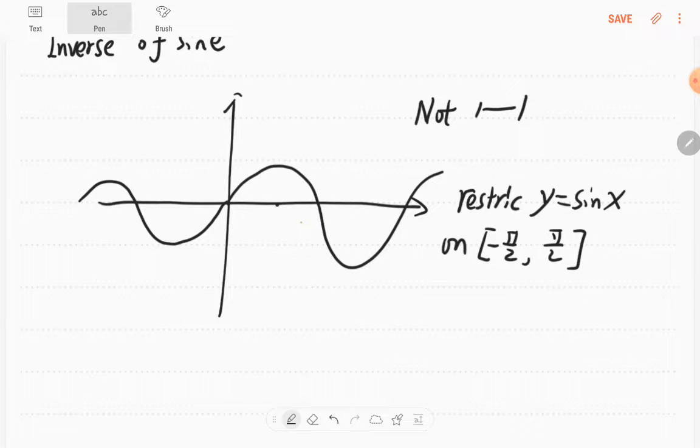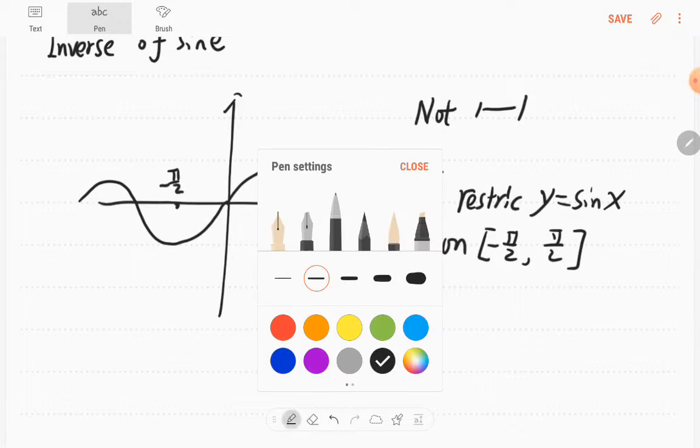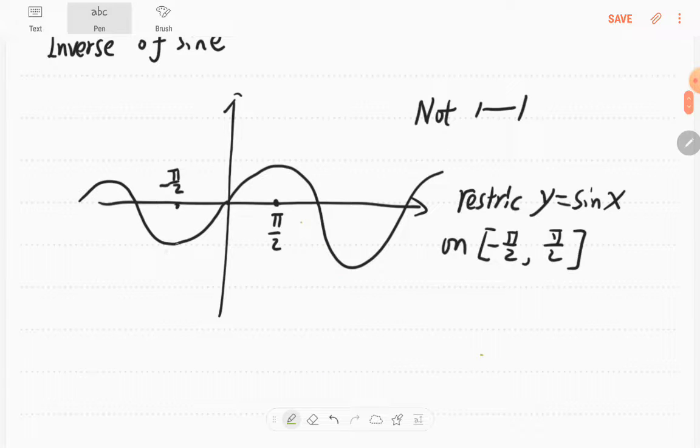So here is pi over 2, here is negative pi over 2. Then this curve is one-to-one.